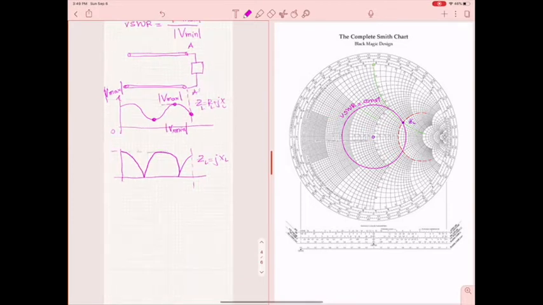V maximum will be somewhere here, and V minimum will be at 0. In that case, the VSWR has an infinite value and shows a very high reflection from the load.